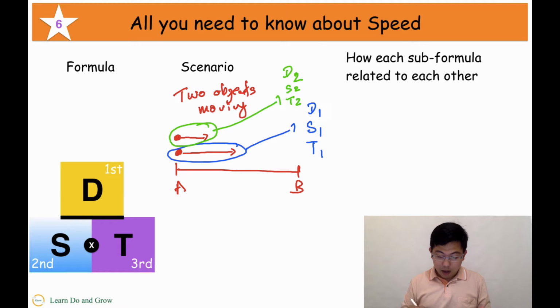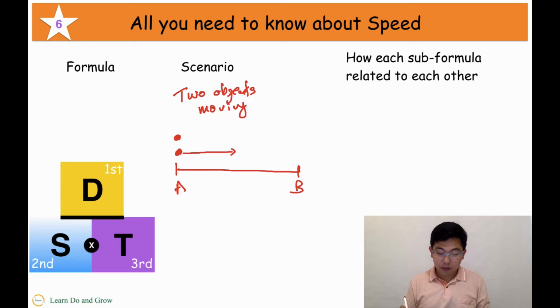Okay, and let me go through another scenario. Another scenario is this: one object moving in this way, another object from here moves here. Again, we have to do the same thing just like what I did just now.